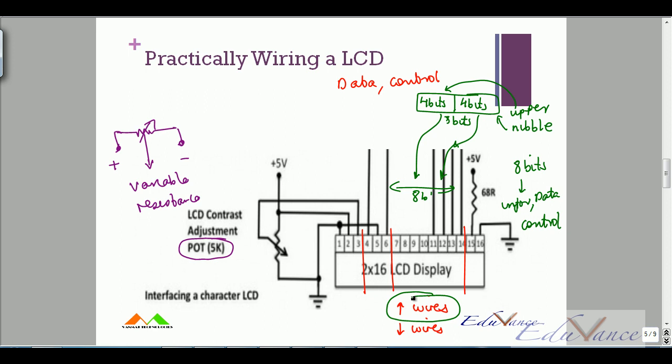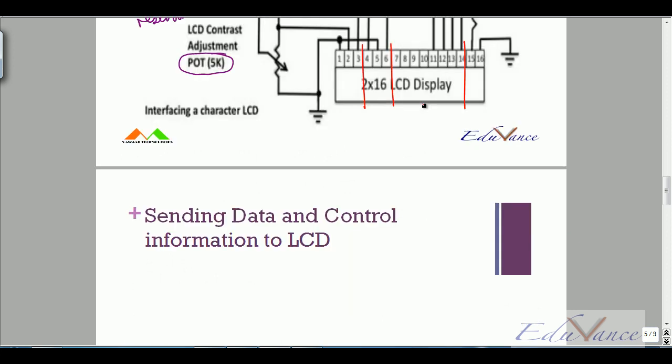This is an important thing to know: when we build larger systems, you have a microcontroller and you would try and use as few wires as possible, and as it is, we are displaying information which does not need a very high speed. Since if we display things that move very fast, we will not be able to see them. So most of the time we are very comfortable using the LCD in just a 4-bit mode.